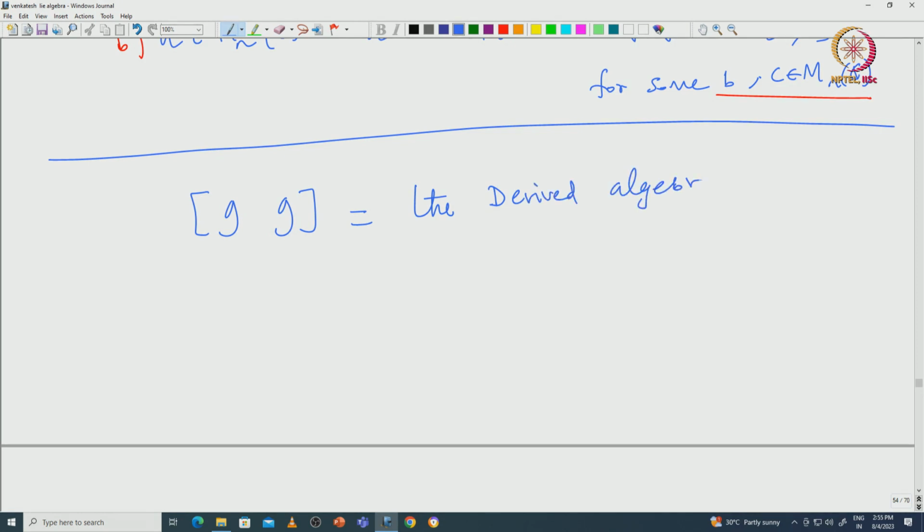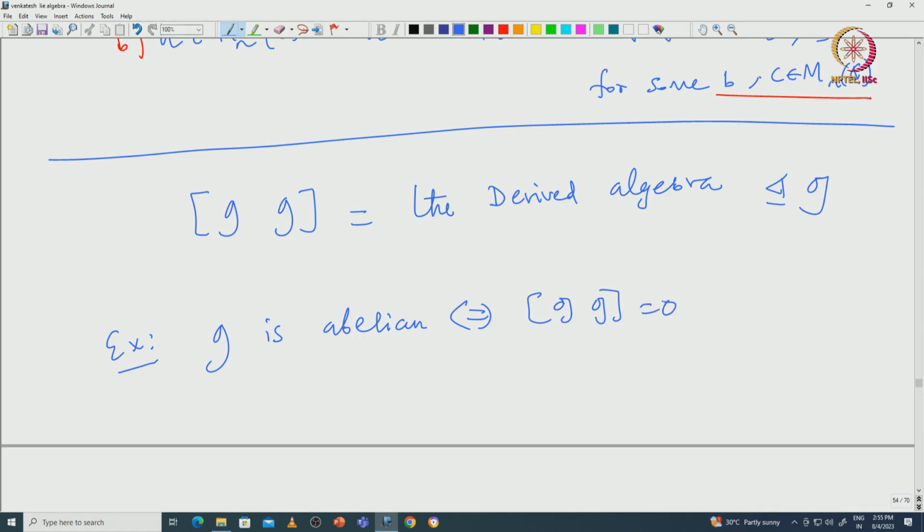It is easy to see, from our earlier proof, that this derived algebra is an ideal inside G. A small observation is that G is abelian if and only if this derived algebra is just 0. In some sense, this derived algebra does the role of the commutator subgroup of a group. That is exactly the role it plays.